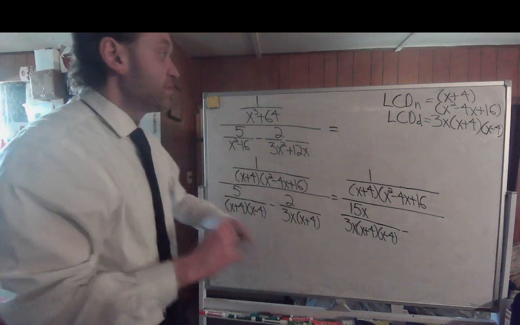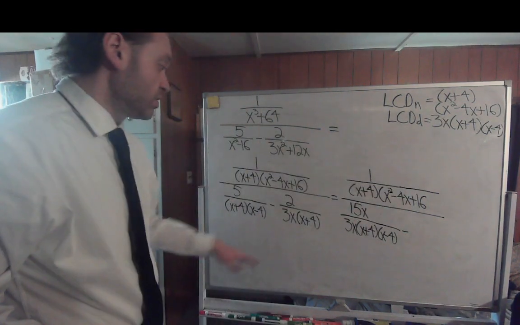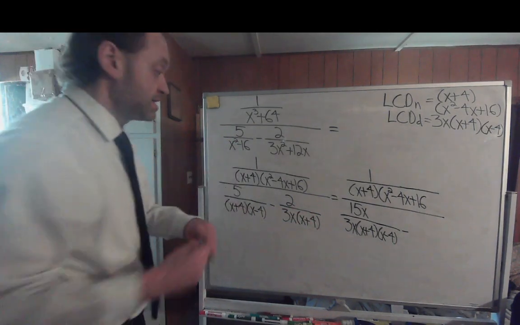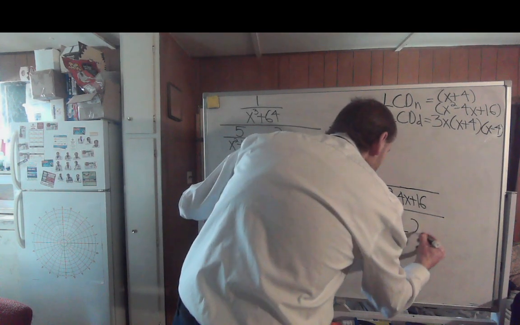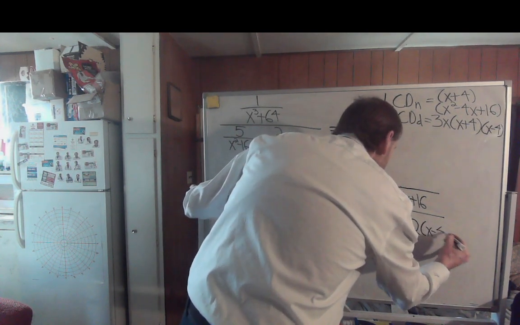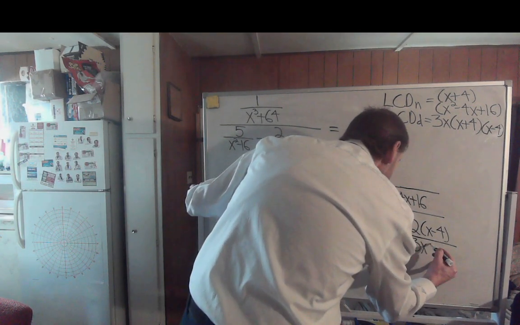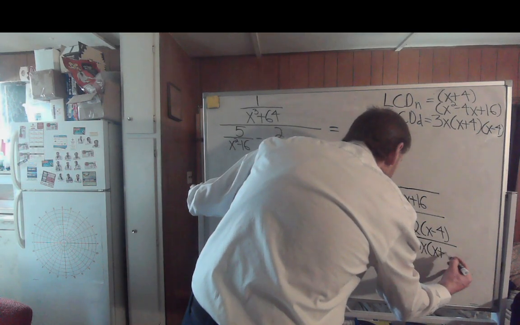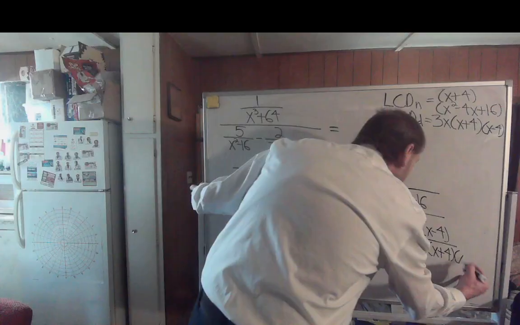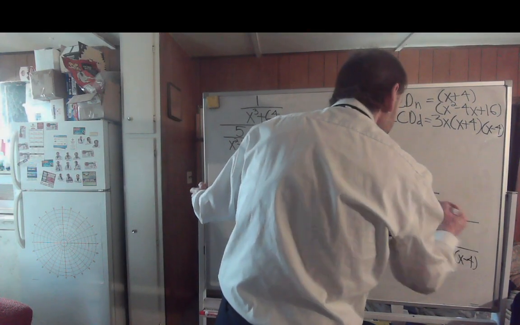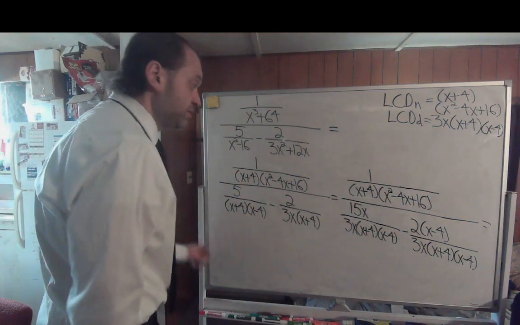Well, you already have 3x times x plus 4, so you need to multiply both numerator and denominator by x minus 4. So this would be minus 2 times x minus 4 all over 3x times x plus 4 times x minus 4. Wowzer. That got pretty ugly pretty fast. Okay, so let's go ahead and start simplifying this some more.